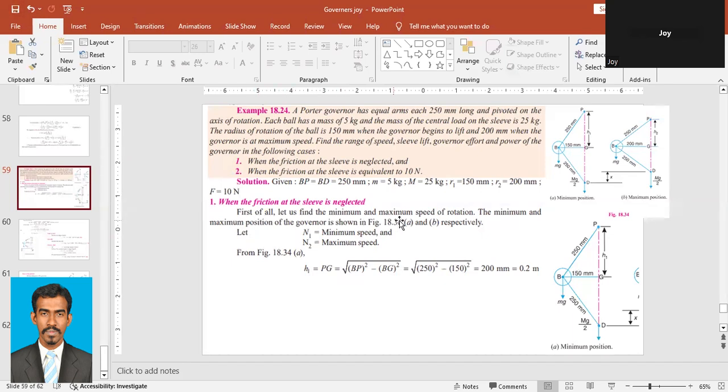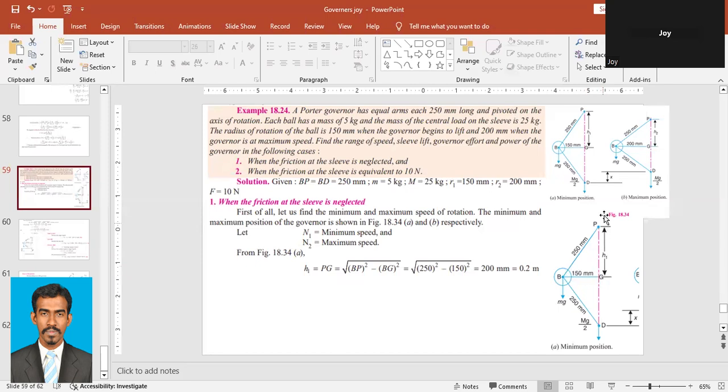We'll start finding it. First of all, let us find the minimum and maximum speed of rotation, because only the radii are given. From the radius, we can find the minimum and maximum speed. We can apply the Pythagoras relation here. This is 150 millimeter, the radius given in the question. This is 250 millimeter, the length of arm, also given.